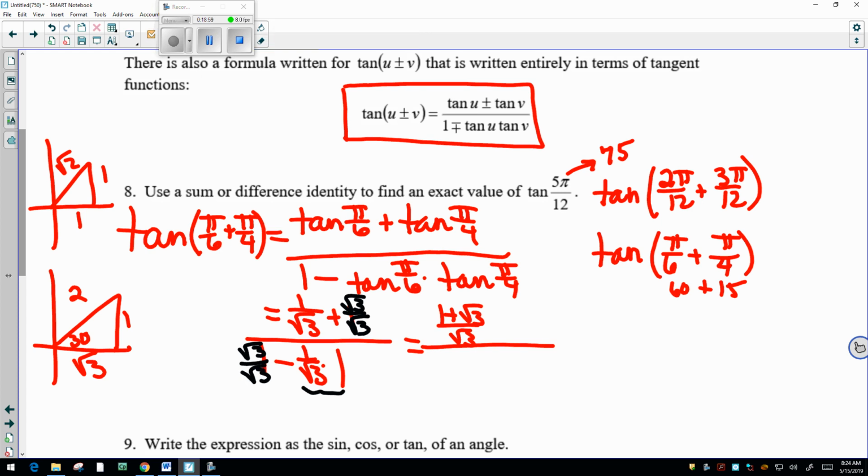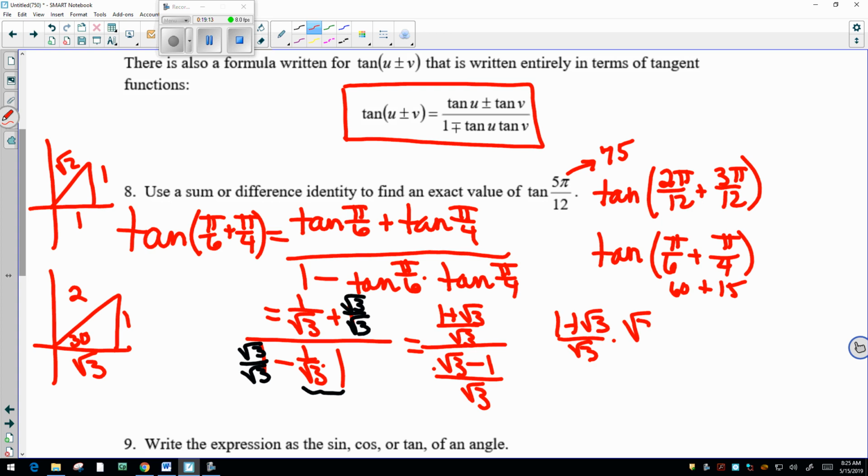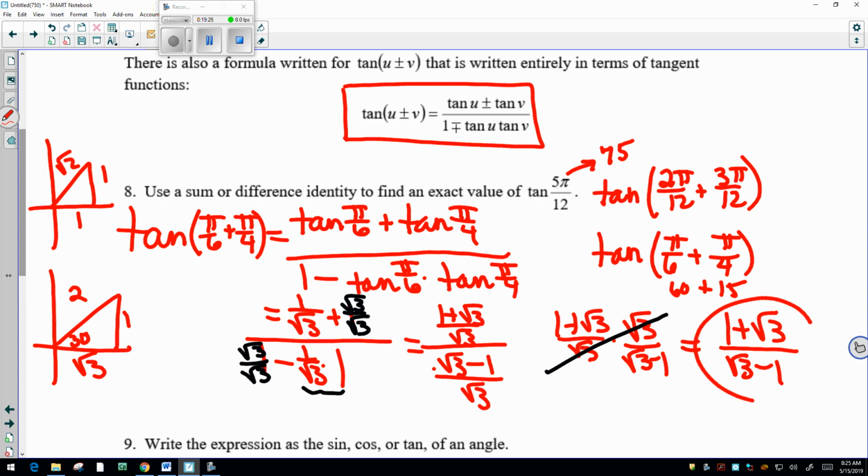And then combine. So I have radical 3 minus 1 over radical 3. Okay, so we're going to copy, change, flip. And notice that our square roots of 3 drop. So our final answer we have here is 1 plus radical 3 over radical 3 minus 1.